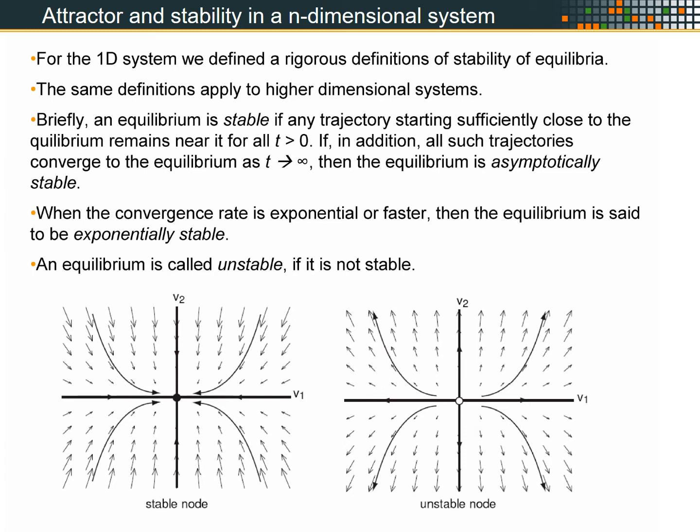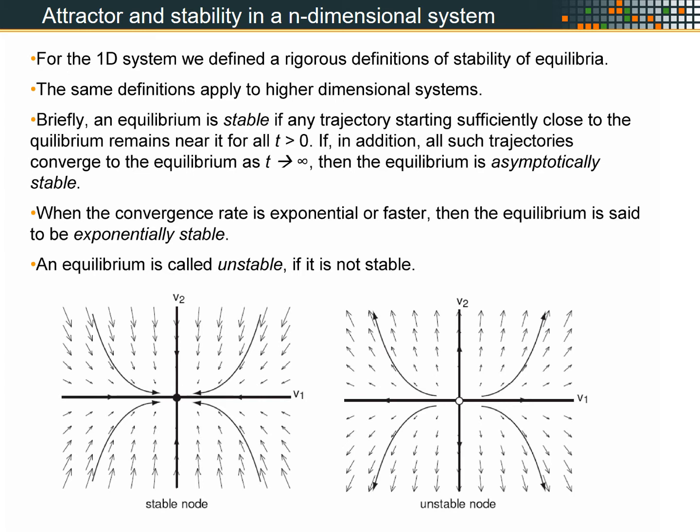If we have such a closed orbit, then the system is repeating its very same activity forever if it's stable. Mathematically, we can define this extended version of stability simply by saying an equilibrium is stable if any trajectory starting sufficiently close to the equilibrium remains near to it for all times.